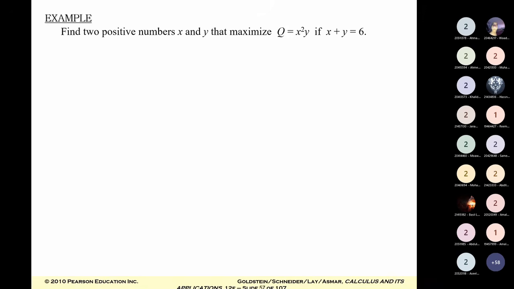The first one in the example must be given, whether we need a maximum or minimum. And the second, the equation, and the third, a relation between x and y to convert the function Q into one variable.